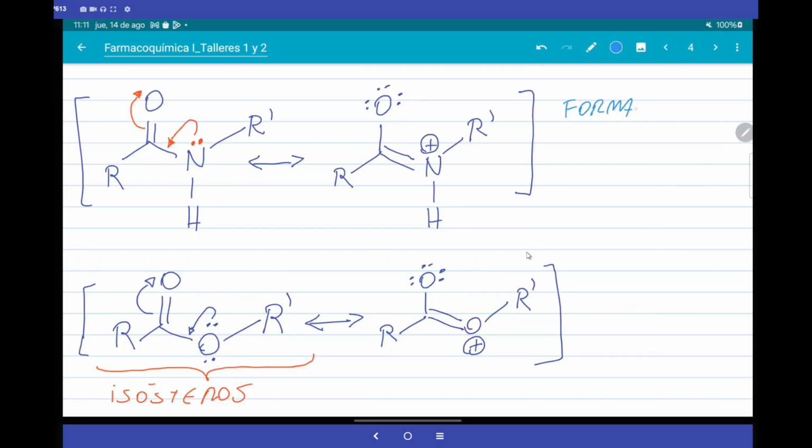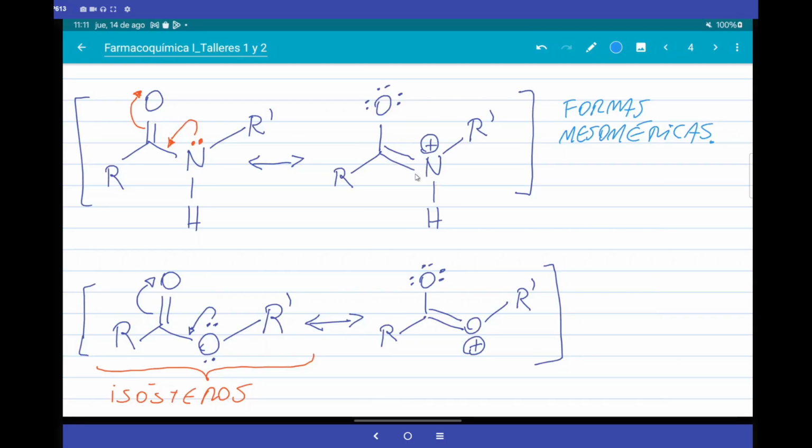And there goes the thing, mesomeric forms, and in both cases there is contribution, but the amide has as a contributor one of the forms that most contributes to the resonance hybrid, this structure that we see here on the right.